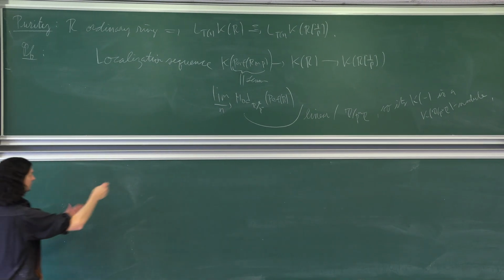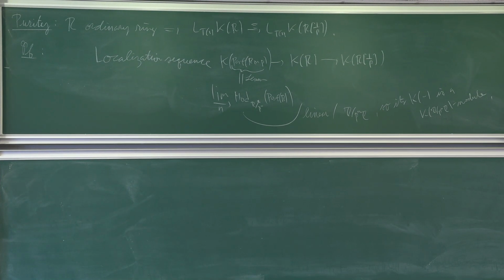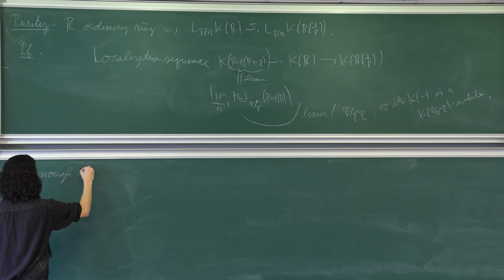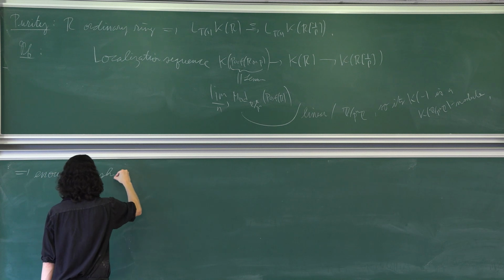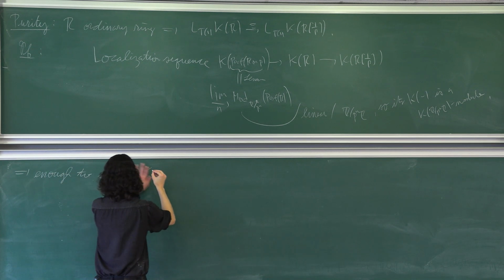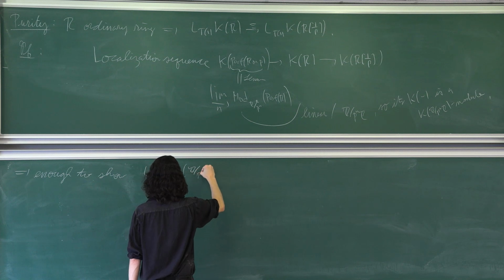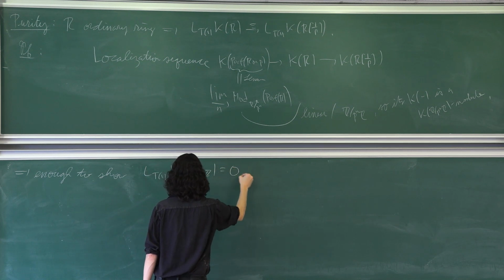And then K-theory also commutes with filtered colimits, so it's enough to show that the T1 local K-theory of Z mod p^n Z equals 0.